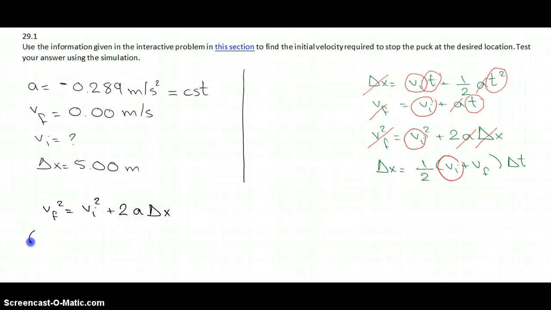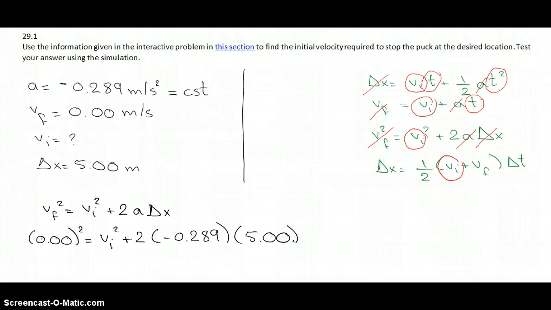So Vf is 0 squared. V initial is what I want to find, plus 2 times the acceleration, negative 0.289, and delta x is 5.